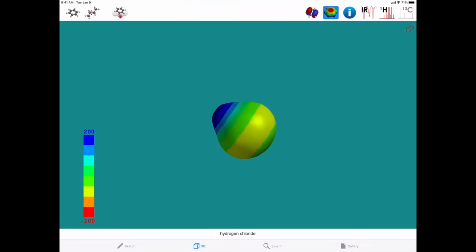Another way to visualize dipoles would simply be to come over here to Spartan and look at what's called the electrostatic potential surface, and this uses color to represent areas of partial positive charge versus negative charge.